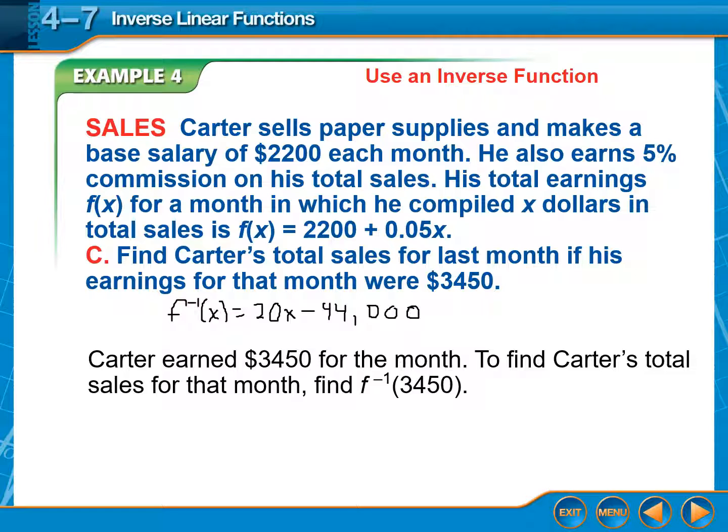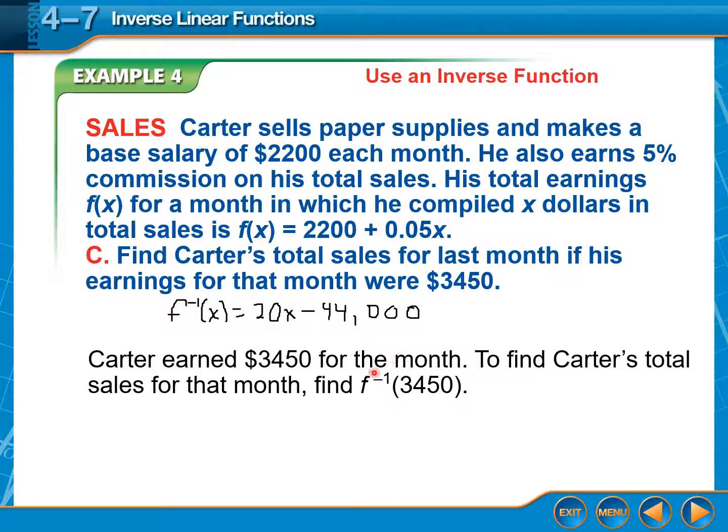So his sales for the month is now 20 times the amount of money he earned minus 44,000. So what have we done? By finding the inverse, we rewrote it as sales equals the rest of the equation instead of saying earnings equals the equation with sales.